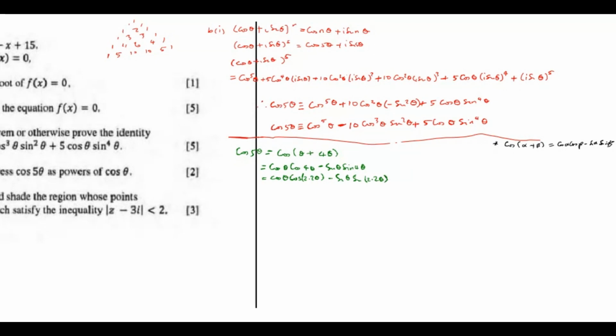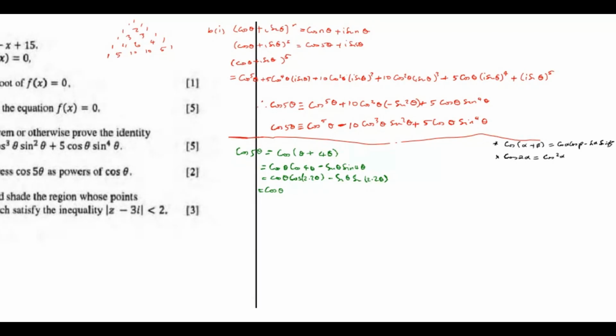So here we are going to have cos theta. Then in this case, we are going to use the identity for cos 2 alpha. There are different identities, but because the question is combining cos and sine, there we are going to use the identity which says cos squared alpha minus sine squared alpha.